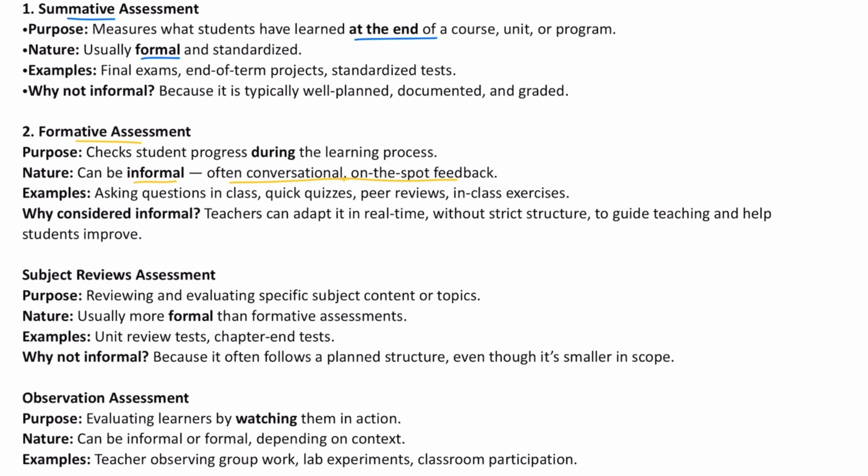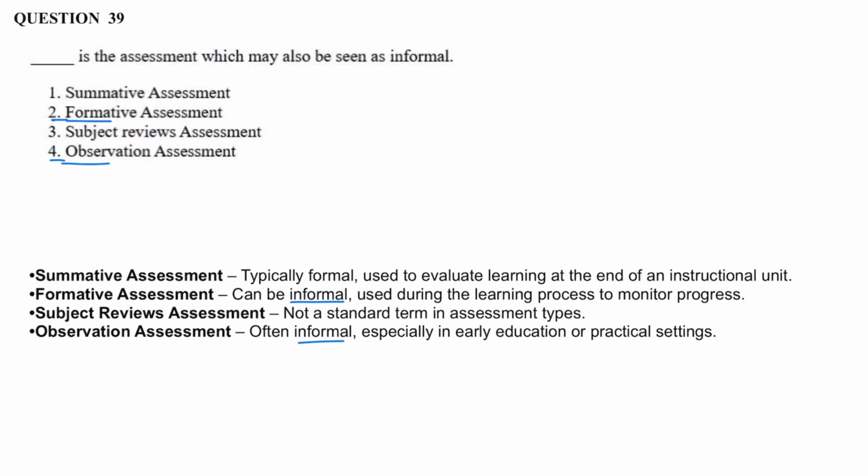Subject reviews assessment, reviewing and evaluating the subject content or topics, is usually more formal. Examples are unit test, chapter test. Next is observation assessment, evaluating learners by watching them in action. It can be informal or formal depending on the context. Here the correct answers are formative and observation assessment.